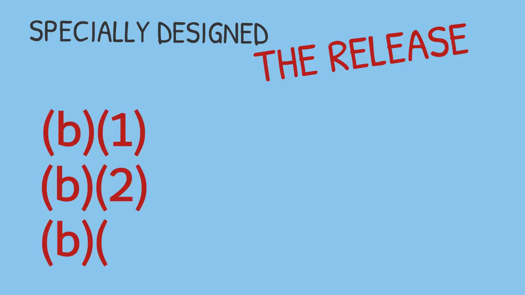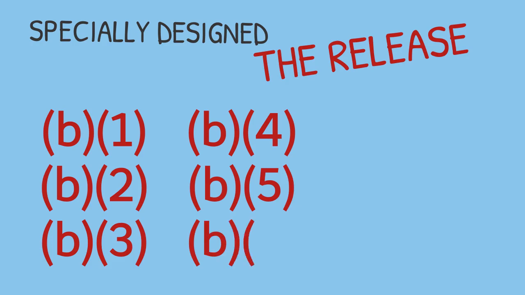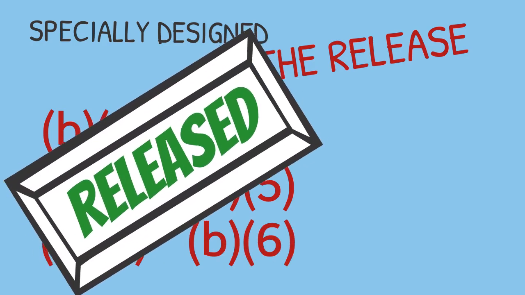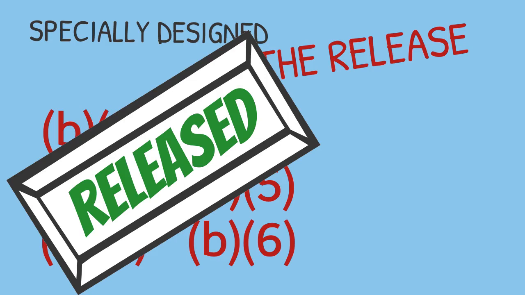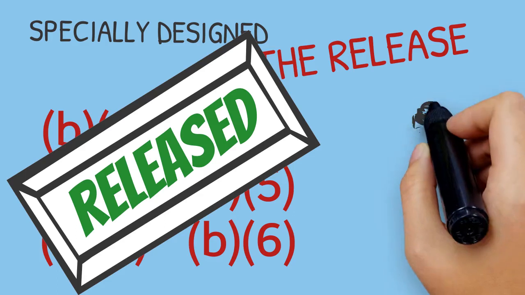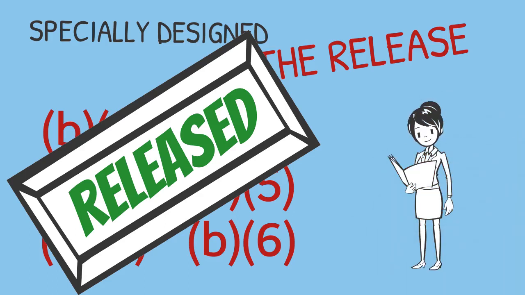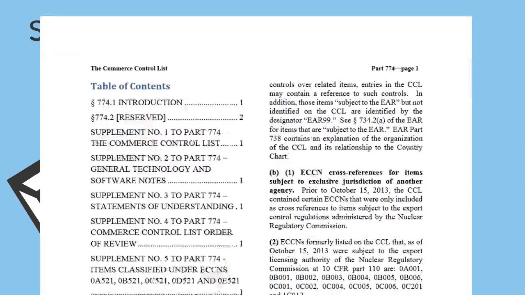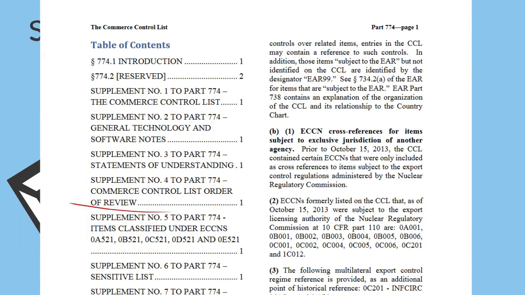If any one of the 6 releases applies to your part, component, accessory, attachment, or software, then it is not caught under the specific ECCN description under review that contains the term specially designed. Continue reviewing the remaining ECCNs applicable to your item based on the Order of Review in Supplement No. 4 to Part 774 of the EAR.